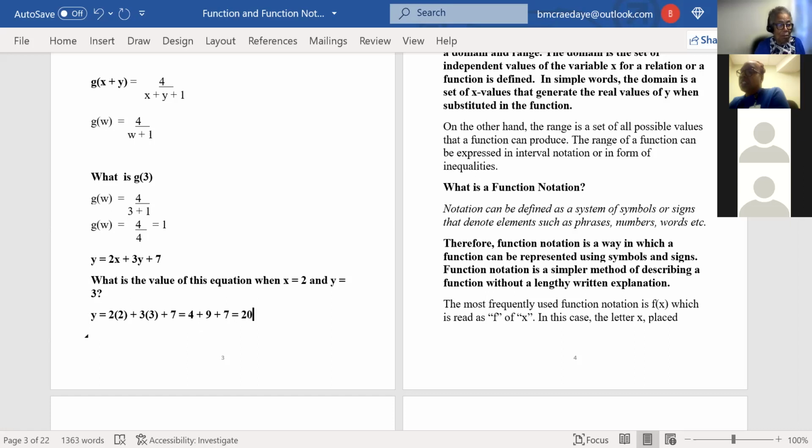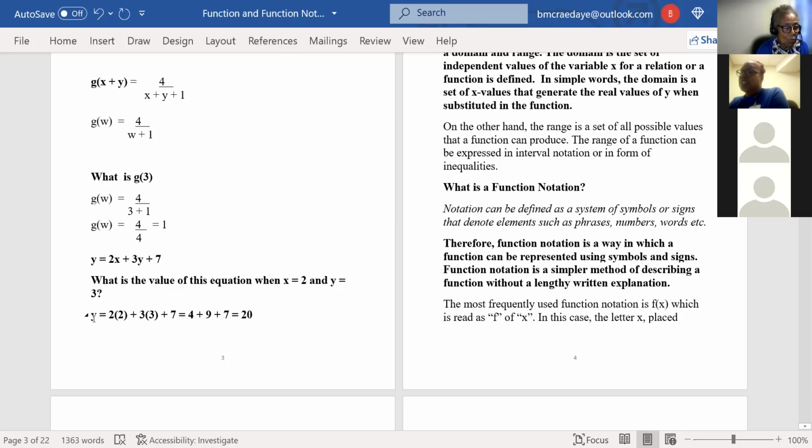Now, what we've done before is really the same thing. The only difference is we said function of something. What is function of the value? So what I'm substituting is within the function expression.